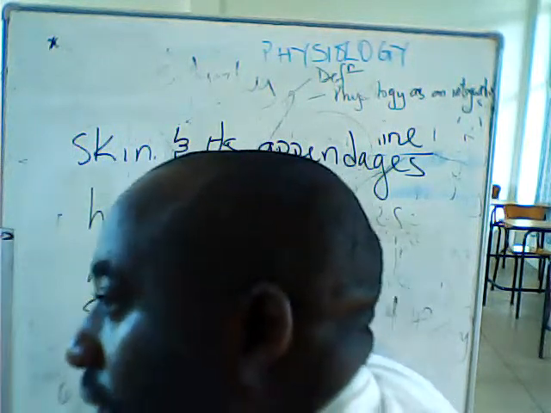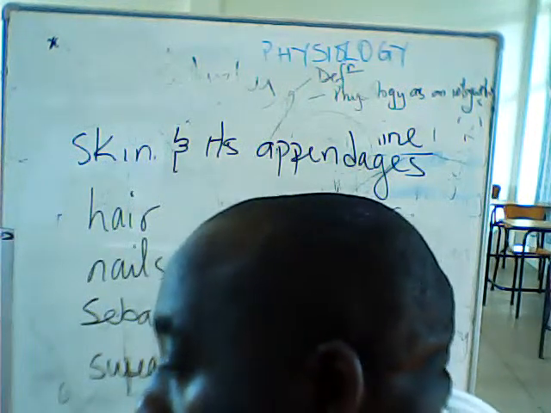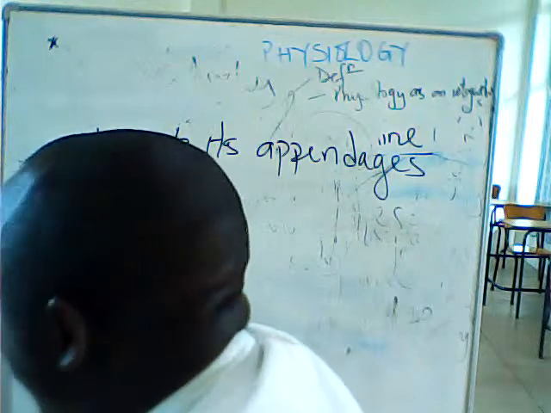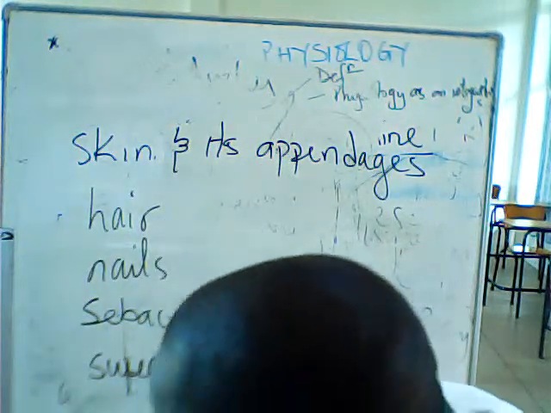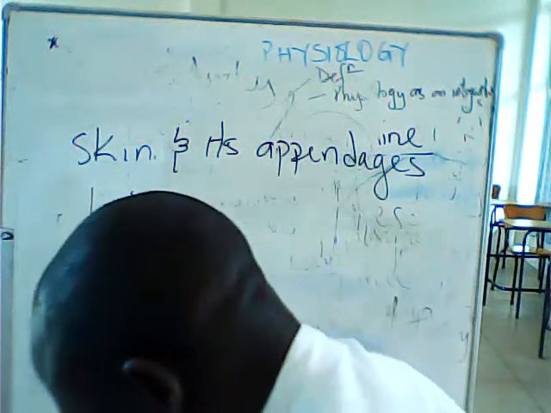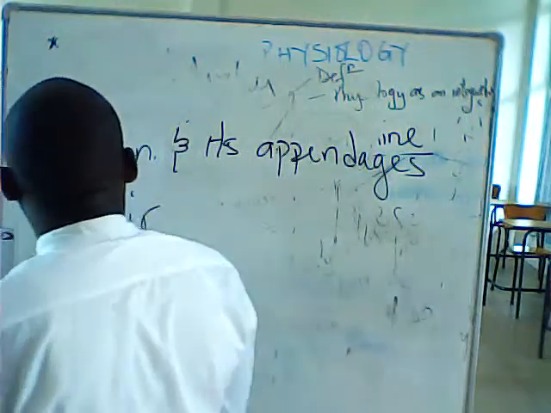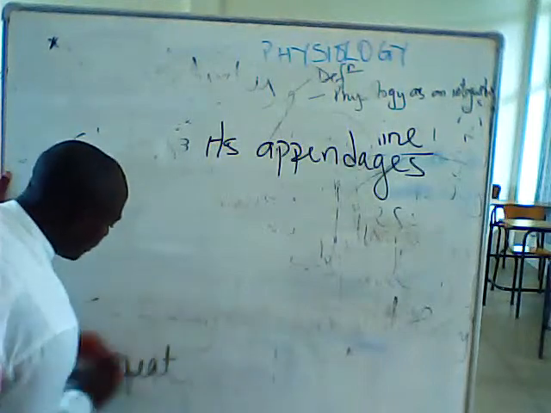So what do you think are the functions of the skin? Hair follicles are part of the hair, they are just pieces. So what do you think are the functions of the skin? They protect the underlying body structures.